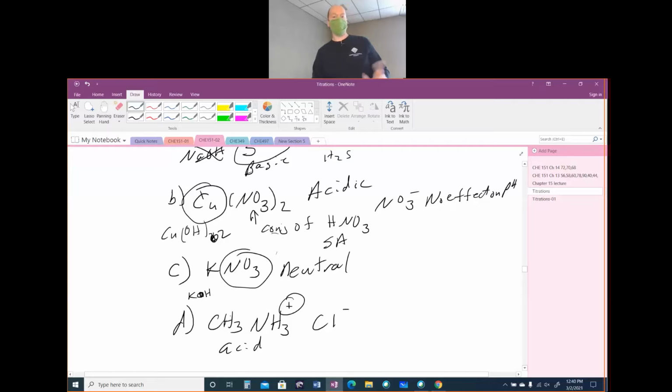CH3NH2 is not one of the 6 strong bases. And we see that the Cl minus is the conjugate of a strong acid, HCl, of course, is a strong acid. So the conjugate base has 0 effect on the pH. And so this again is going to be acidic.